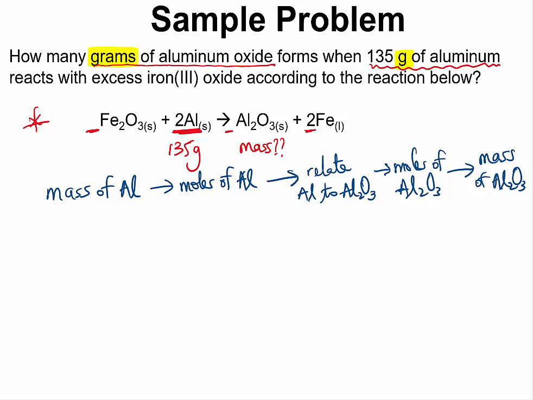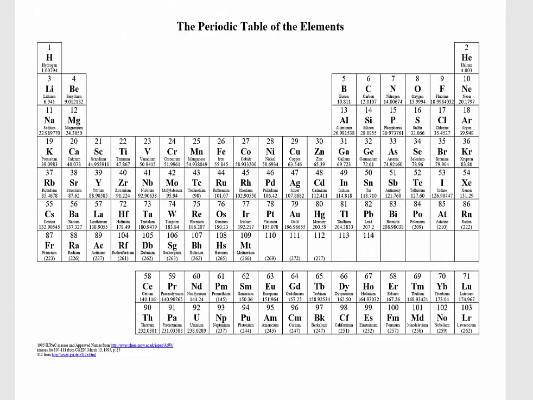Let us now solve the problem together. So we have 135 grams of aluminum. We want to change that to moles of aluminum. The relationship between mass and mole is known. We will need a copy of the periodic table. For aluminum, 1 mole of aluminum would have a mass of 26.98.